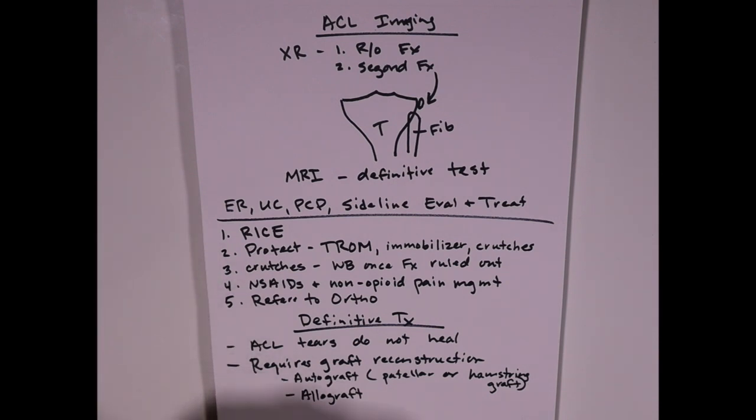If someone is sedentary, doesn't have a physically demanding job, it's possible to get by without surgical reconstruction, but definitive management typically requires graft reconstruction, and those grafts can be either autograft, where it's the patient's own tissue, either patella or hamstring graft, the two main ones. There are others, or they can have an allograft, and again, I'm not going to get too much into that.